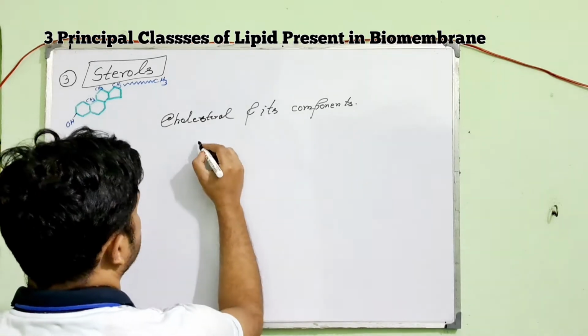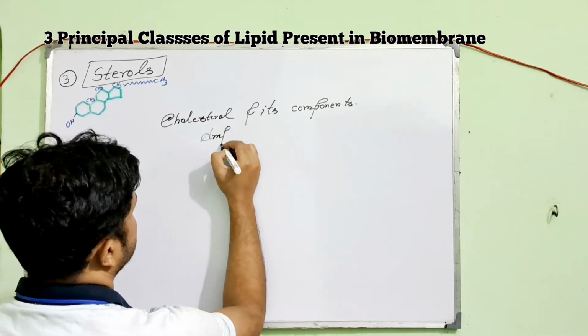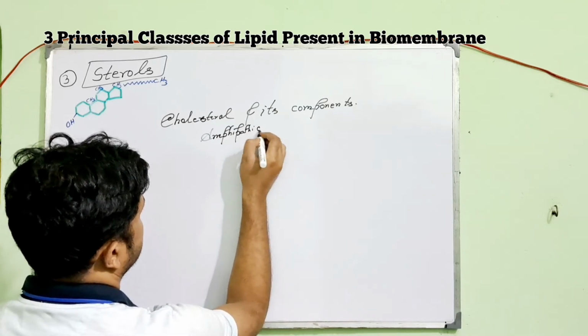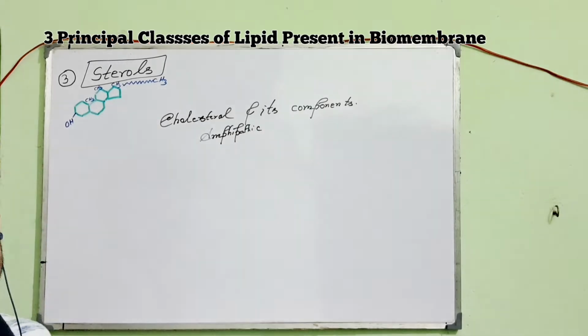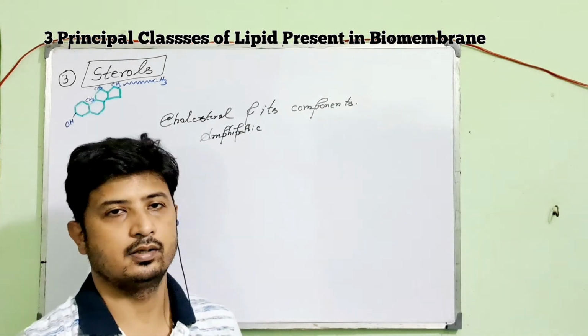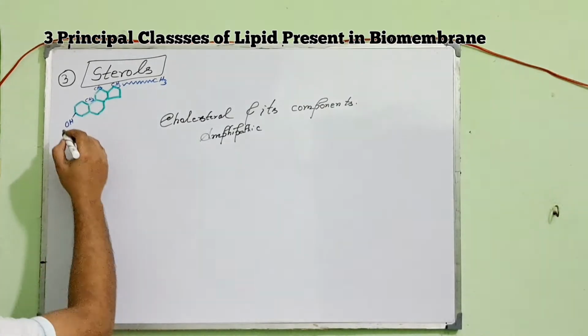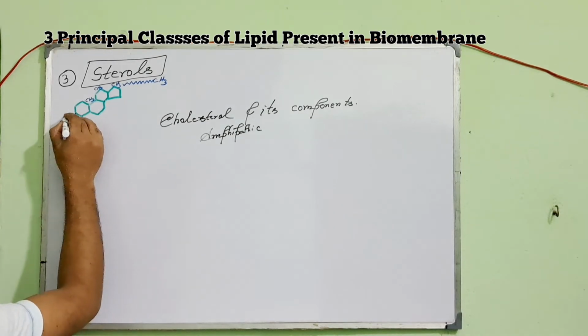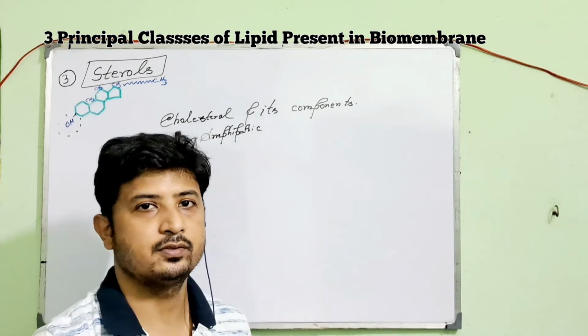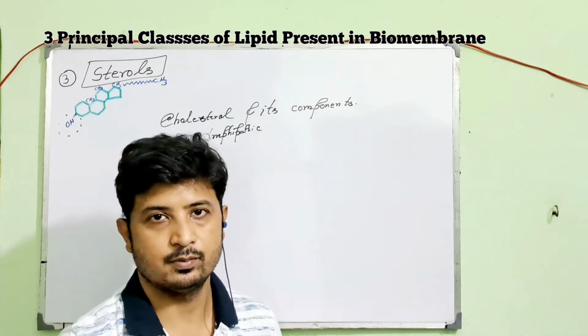Interestingly, it is an amphipathic molecule. Amphipathic means both hydrophobic as well as hydrophilic. Why? Because this hydroxyl group can interact with water. That's why it acts as an amphipathic molecule.